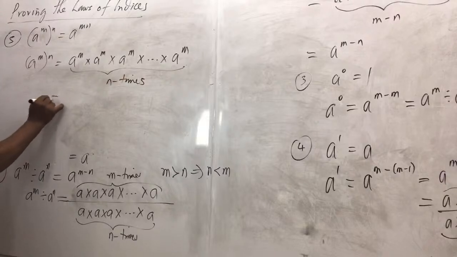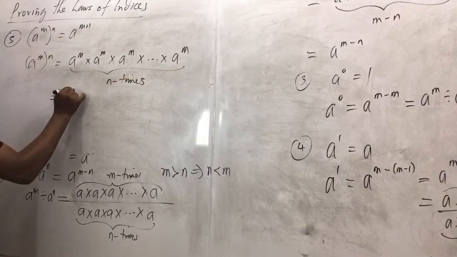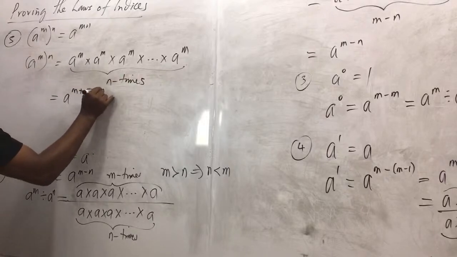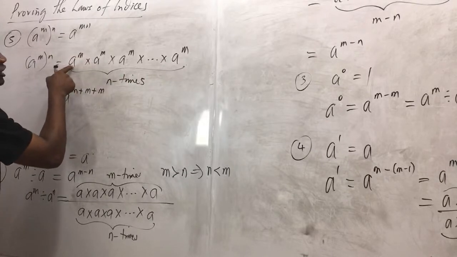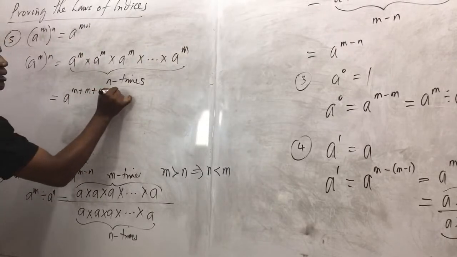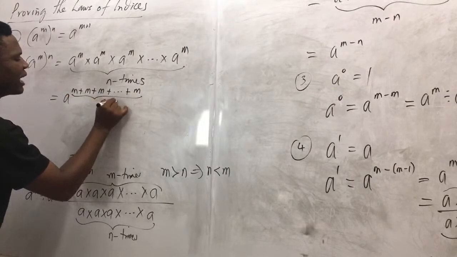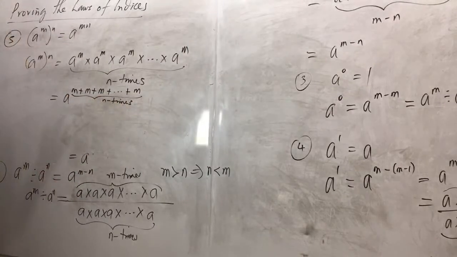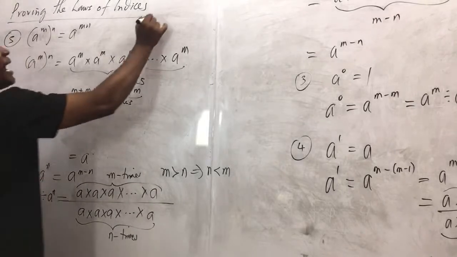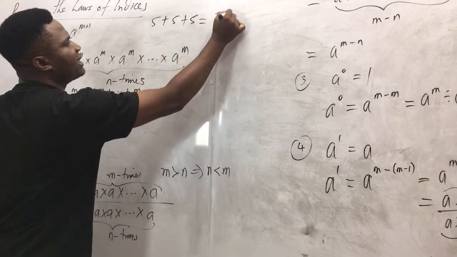And that means by indices, by the addition law of indices, this will be m plus m plus m. All the powers, since they are the same base, the powers will add up. How many times? The powers will add up n number of times. And when you add a certain constant a fixed number of times, so if I add 5 3 times, adding 5 3 times is the same thing as 3 times 5.